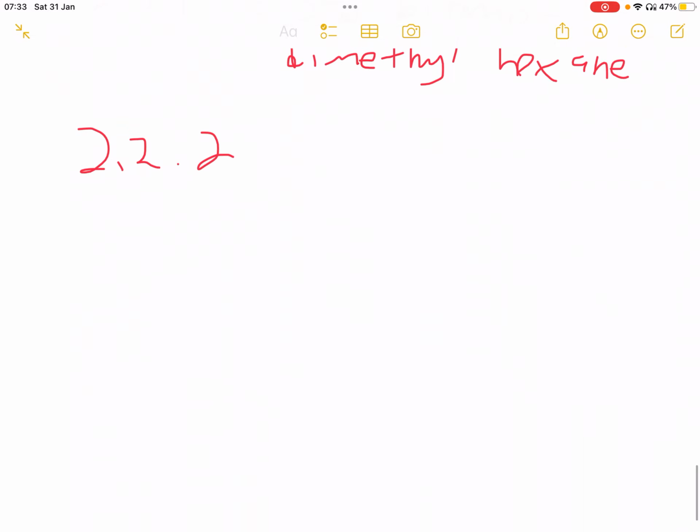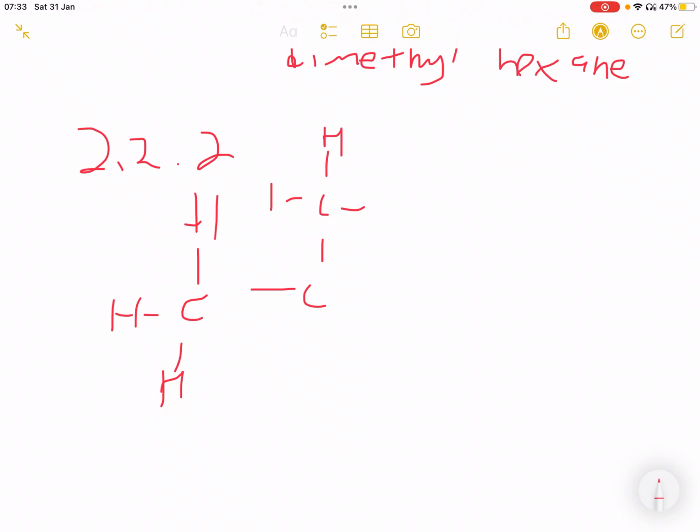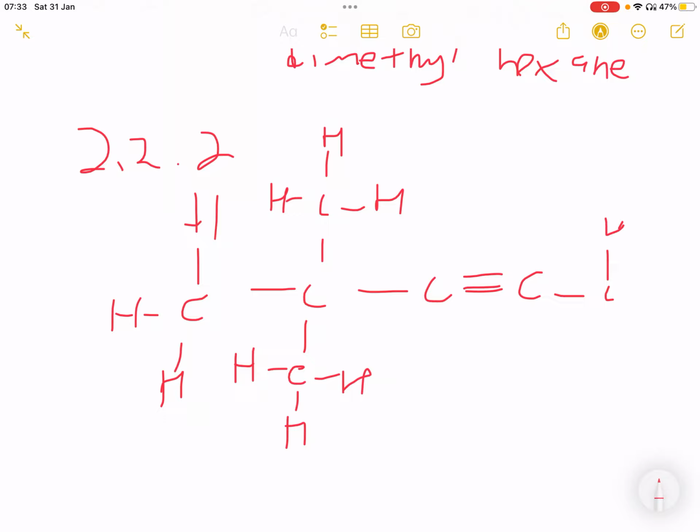It's a carbon with 2 methyl groups, those are the CH3s in the brackets, and then there's a carbon also bonded to a carbon and a CH3.